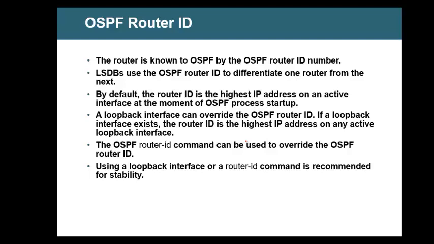What if the loopback interface doesn't exist? Then the highest IP address on the active physical interface. As I told you already, configuring the router ID manually using this command always overrides the loopback interface preference as well as the physical interface preference.